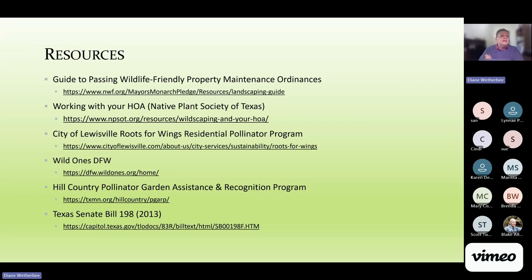There's a program in the Hill Country called the Pollinator Garden Assistance and Recognition Program, similar to Roots for Wings, where master naturalists and NPSOT give assistance to residents on how to have a great looking native landscape. And then there's the link to the Senate bill, so you can read the whole bill for yourself.